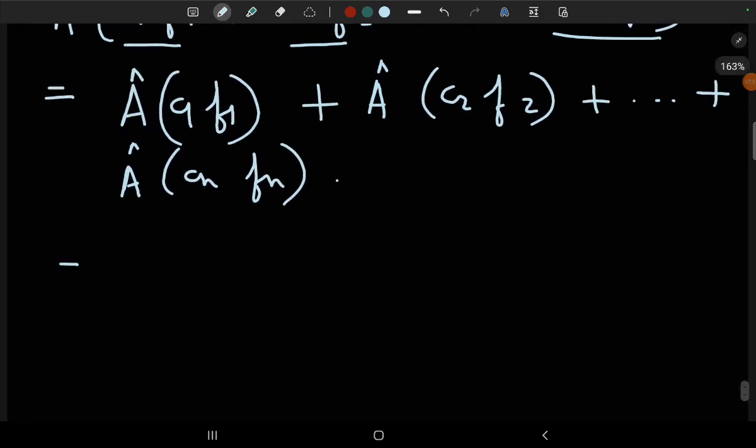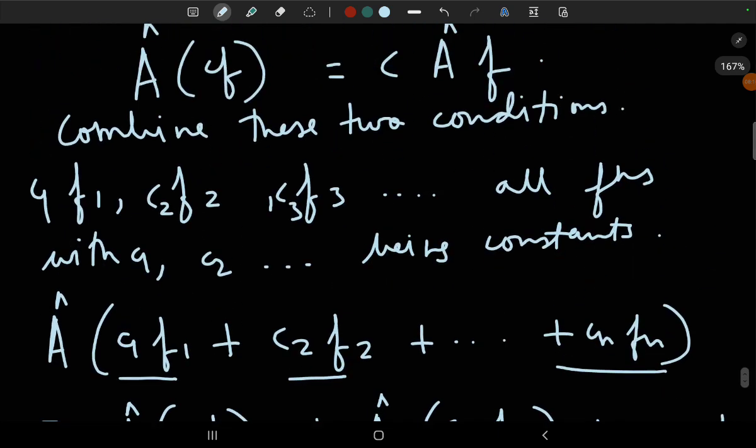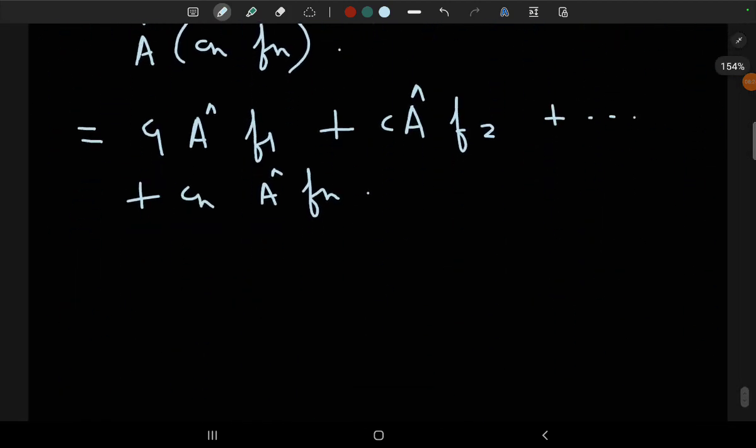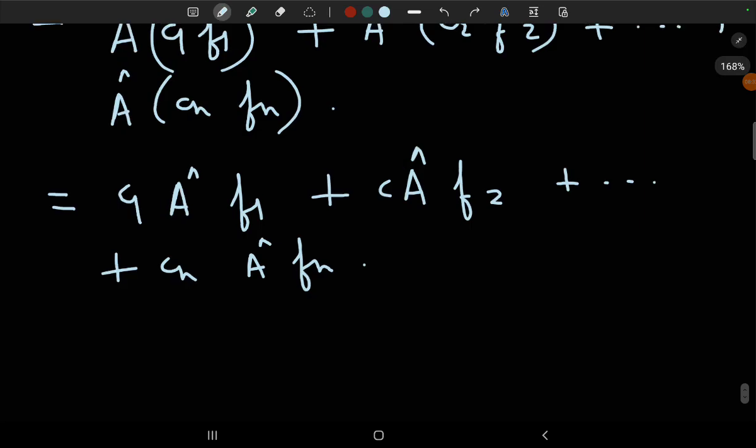Now by the second property, the constants come out of the operator, giving c1 A f1 plus c2 A f2 plus dot dot dot plus cn A fn, with A being linear. So we started with this and we end up with this.